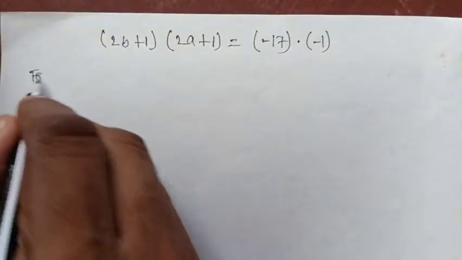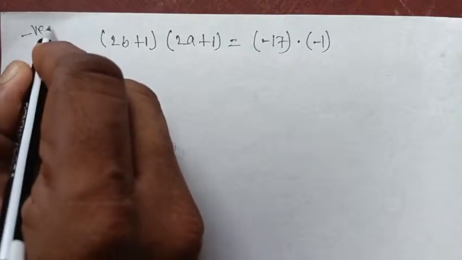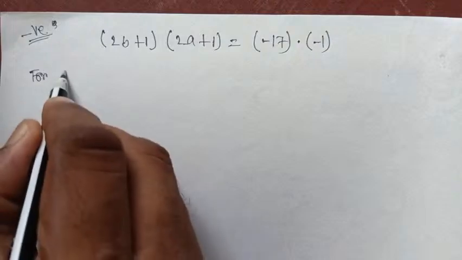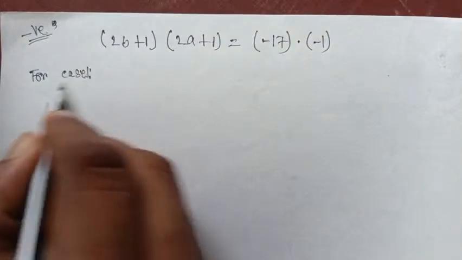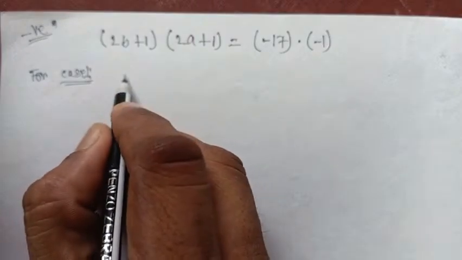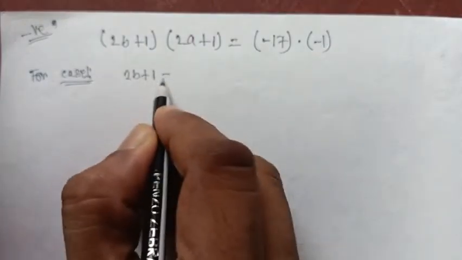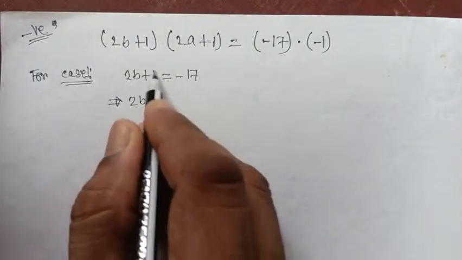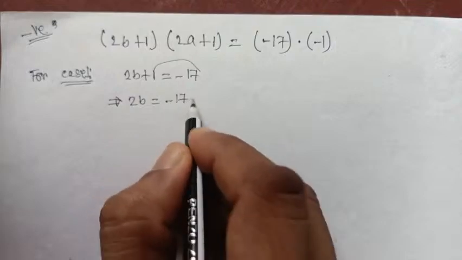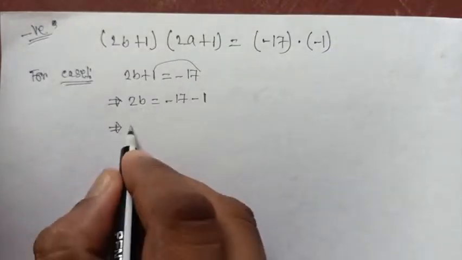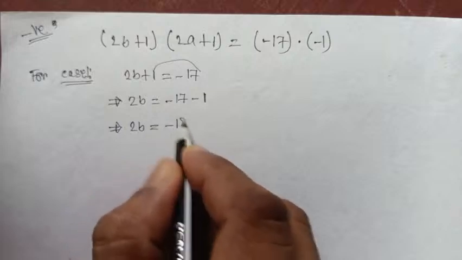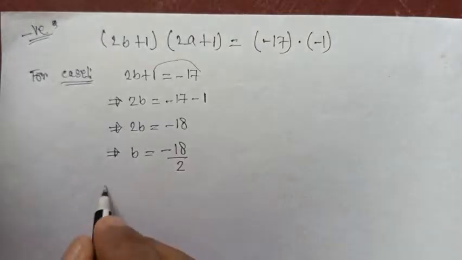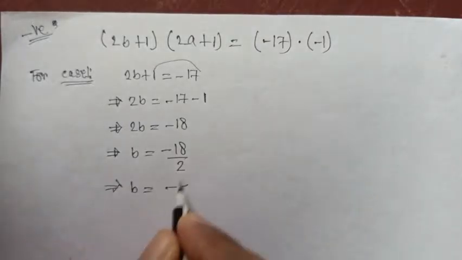For case 1, for the negative scenario, if we take 2b plus 1 equals minus 17, then if we move that 1 to the right hand side, that will be minus 1. Now 2b equals minus 18 and b equals minus 18 by 2, and b equals minus 9.